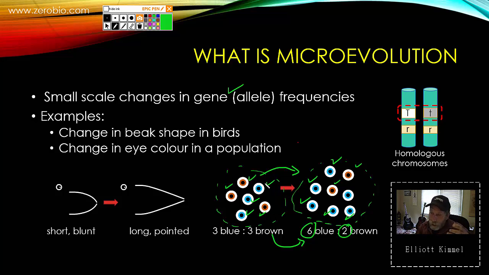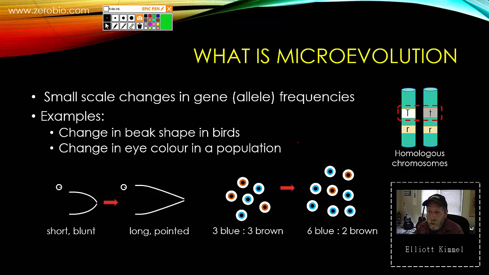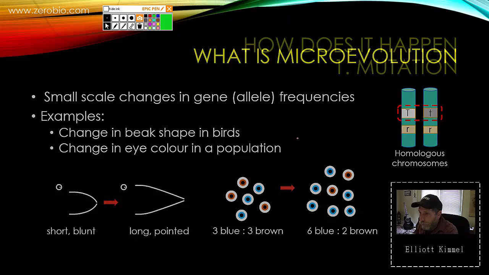The organisms then reproduced, and we have now a new frequency or a new number of the same genes. We didn't create new ones. There happens to be more blue eyes. That's evolution, but we didn't create green eyes out of this. For that, we need mutation. Okay, so this is what microevolution is, and I'll have more examples as we move along through here.